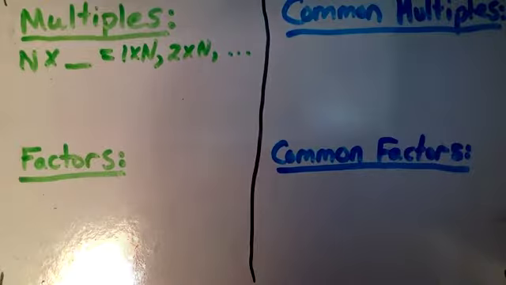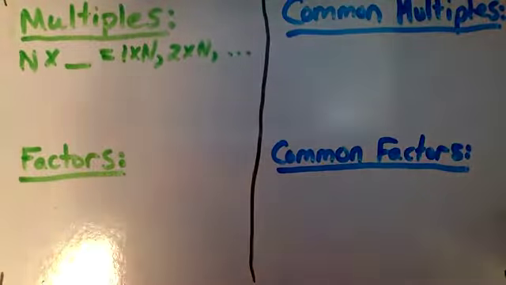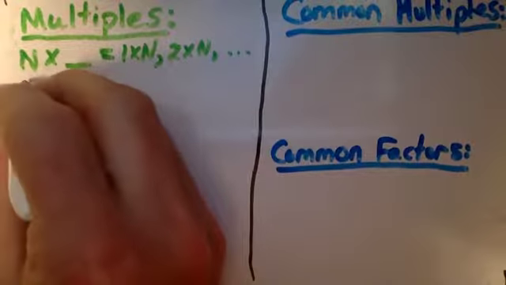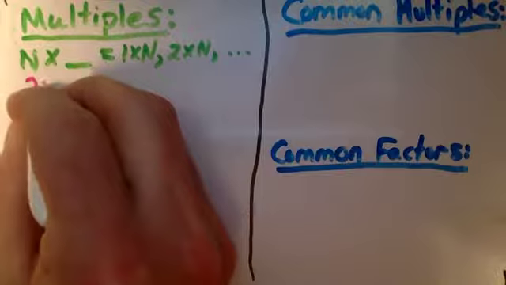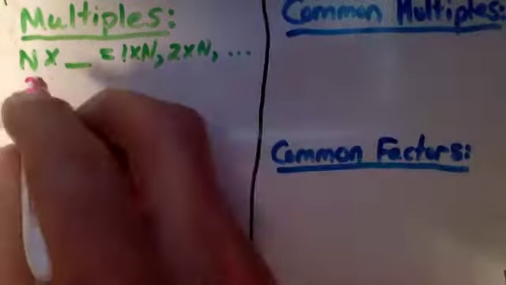So what does this look like with some actual numbers? If we did the multiples of 2, for example, the multiples of 2 are 1 times 2.